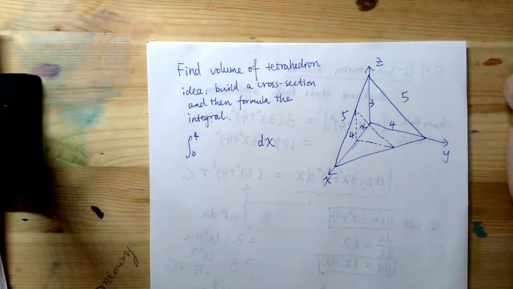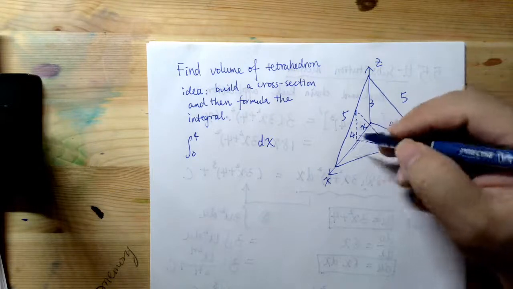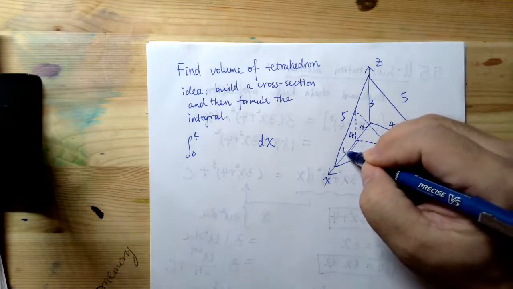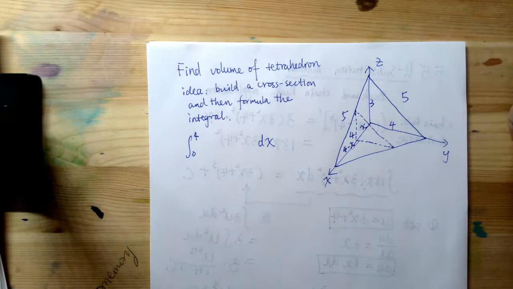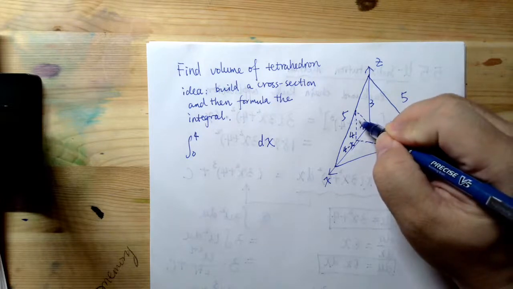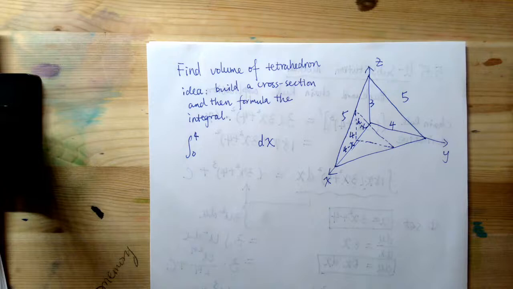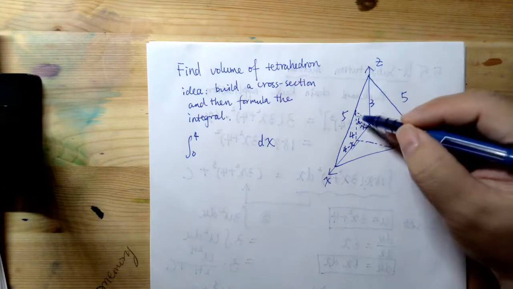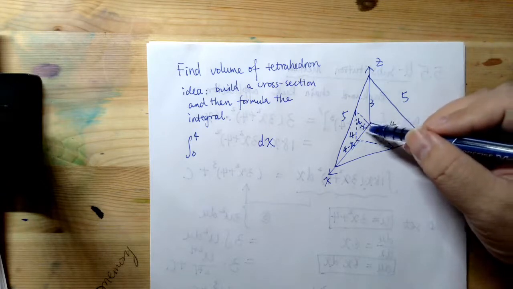As we know, if we set this part as x, then correspondingly the length for this part is 4 minus x, because the total length is 4. Now, if we denote this as the height h of this triangle for the cross section, we want to denote height in terms of x.